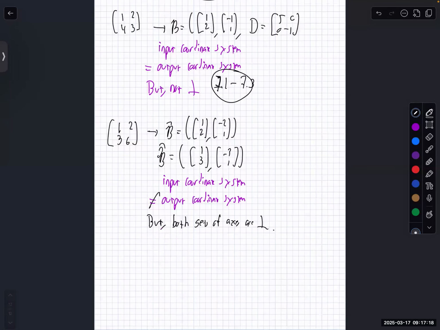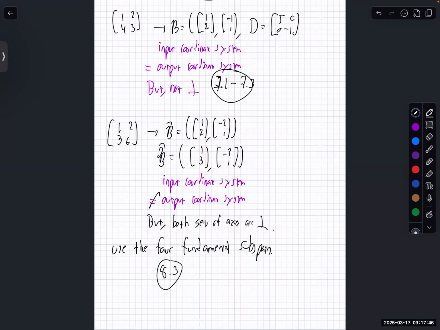And if you want both sets of axes to be perpendicular and you want that matrix to be diagonal, use the four fundamental subspaces. And this we're going to cover in section 8.3.